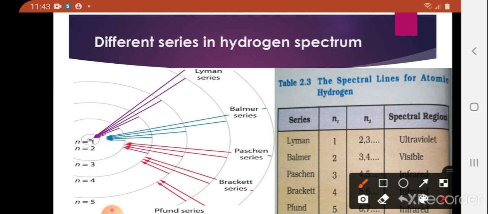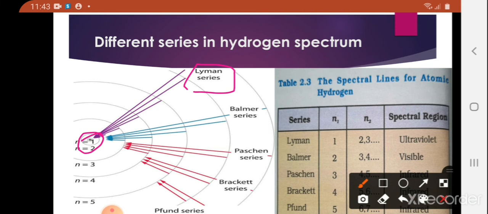That is, if an electron absorbs energy and transfers to a higher energy state, it comes back to the normal state by emitting radiation. When it comes to the n equal to 1 state, the series thus produced is known as the Lyman series.